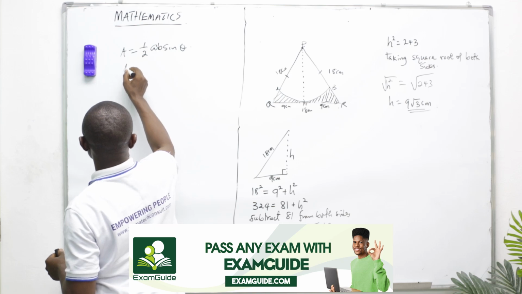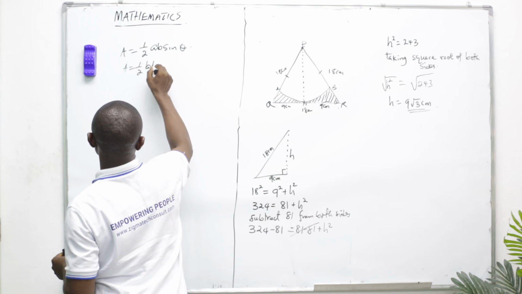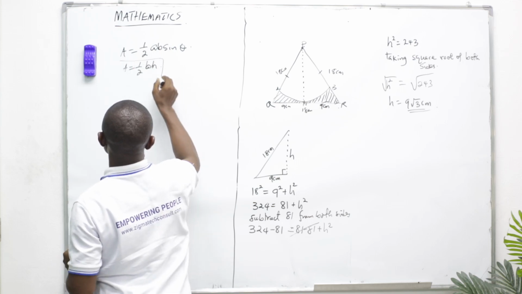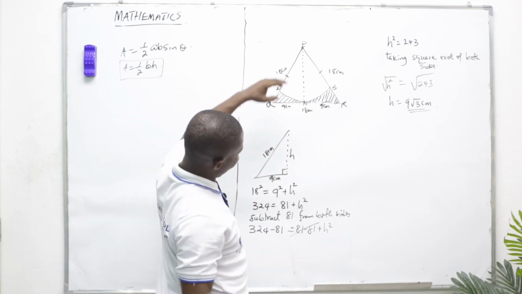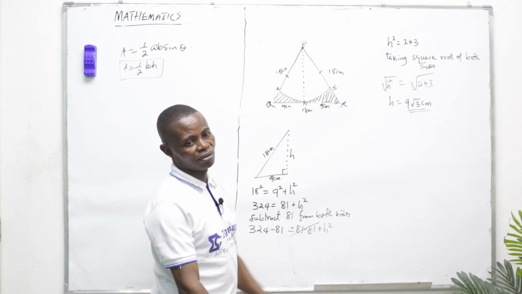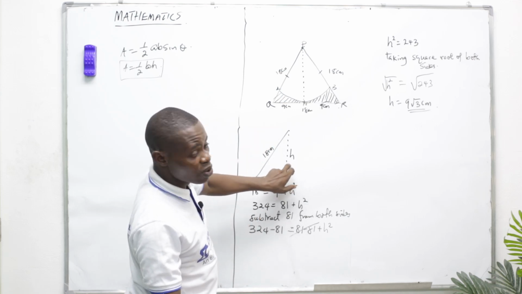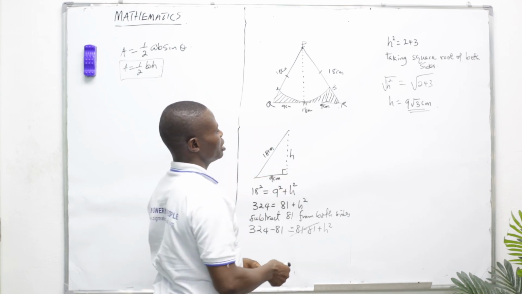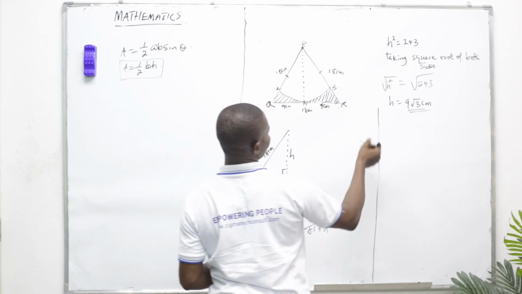Unlike the formula area equals 1/2 base times height, this one is no longer necessary because we are dealing with an angle. Like I said before, this is not the only way of getting the height. The height can also be gotten this way.